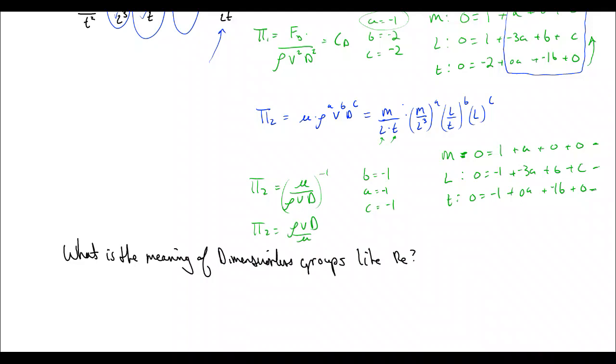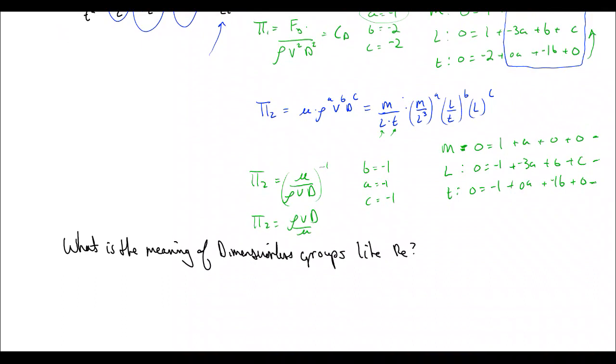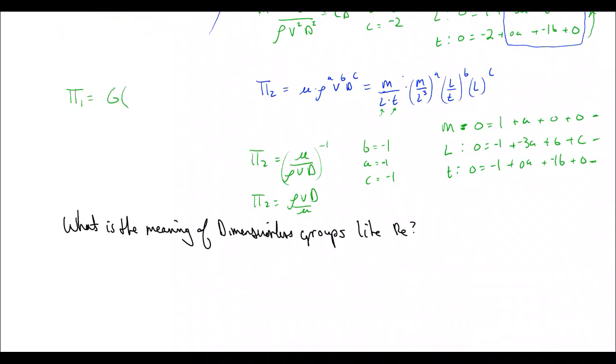And the reason we can do that is because of what Buckingham Pi Theorem says, which is that in this case, our pi 1 is equal to some function of pi 2. So f over rho v squared d squared is equal to some function of mu over rho v d. We don't know what this function is. We're solving for it, right?